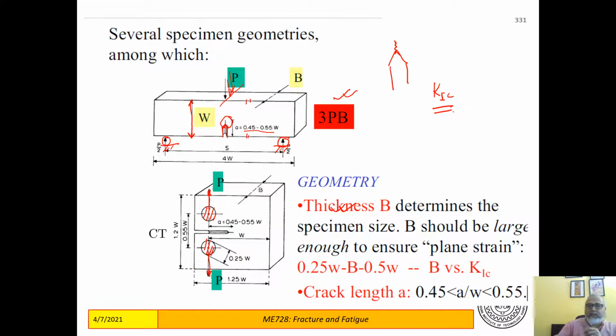This has to be done very carefully, and you have to monitor this fatigue crack so that you stop just when it has grown enough. Otherwise it can grow too much and fracture your specimen and you lose your specimen.